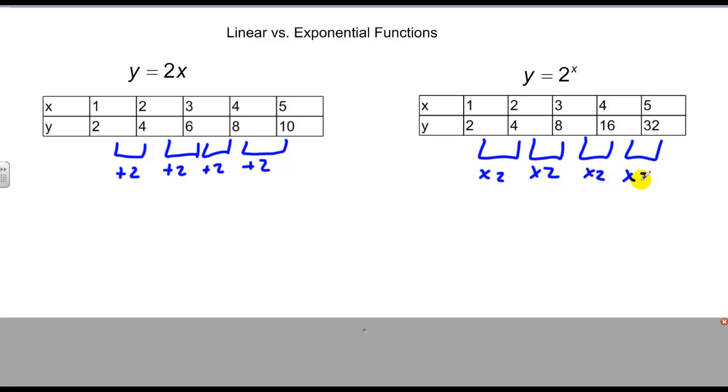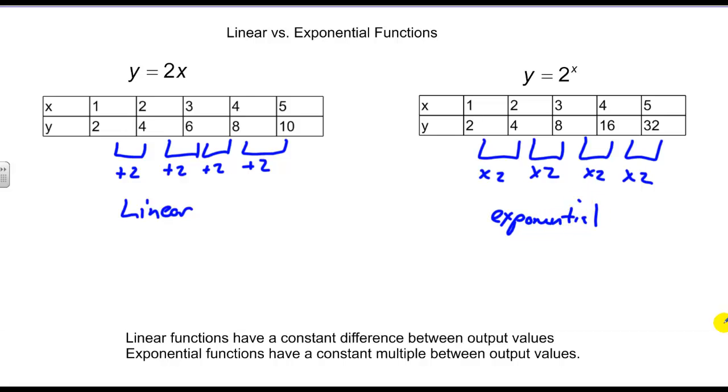And that in itself is the big difference between linear functions and exponential, this being linear because it makes a line, this being exponential because it makes an exponential: linear functions have constant differences between output values, and exponential functions have constant multiples between output values.